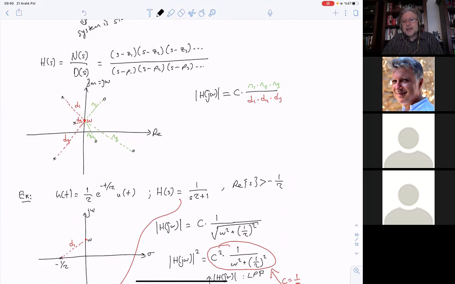The magnitude response, I said, is respective to the distances from the poles and the zeros, and the angle here is the angle related with n1 plus the angle related with n2 plus the angle related with n3 minus the angle related with d1 minus the angle related with d2 minus the angle related with d3. And what are these angles? The angles are as follows.